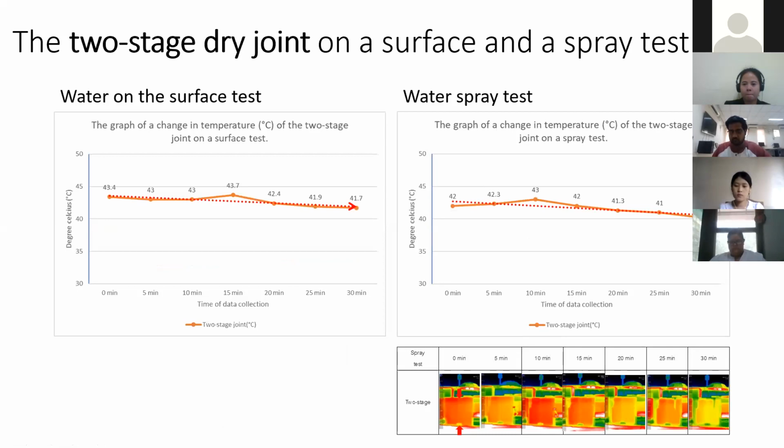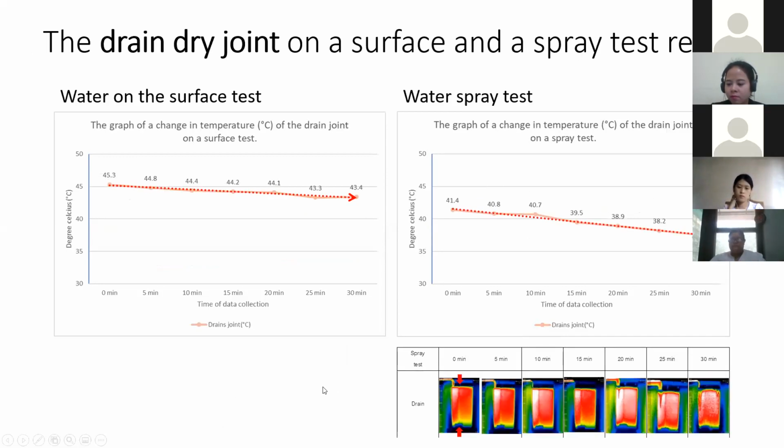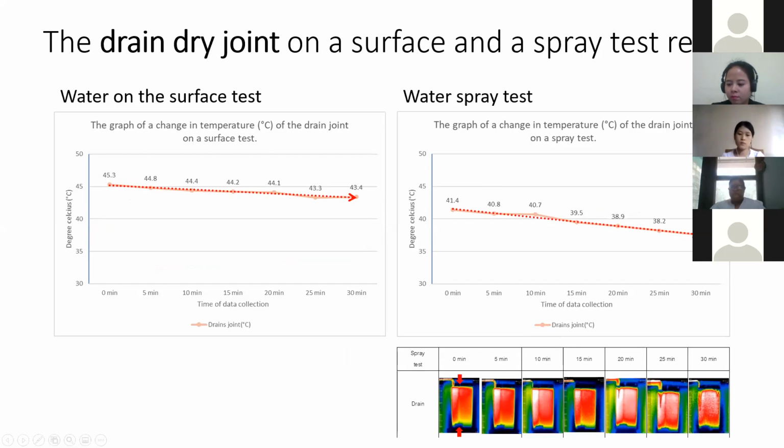For the two-stage dry joint on the two tests, in the overall trend both show a decrease in surface temperature. The thermal image shows that although there is some water dripping from the side, it doesn't affect the joinery area. The drain dry joint also shows a decrease in the surface temperature of the precast concrete, but there is no sign of water leakage in this one either.